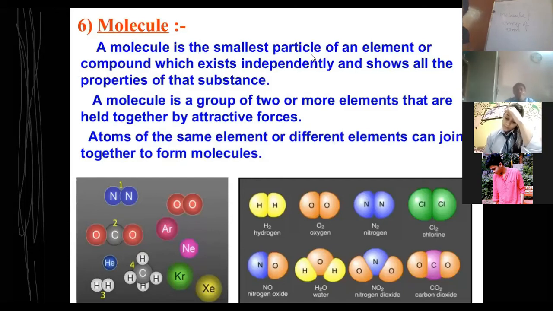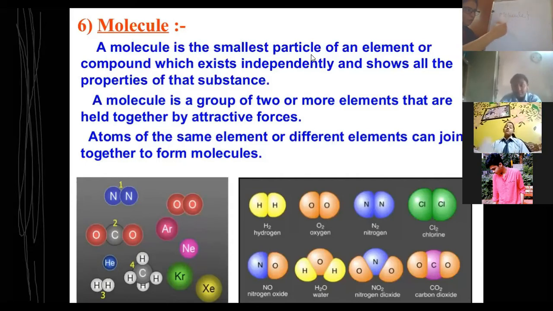Such attractive forces, as I told you, are called the chemical bond. So what is a molecule? It is a group of atoms which is capable of independent existence. Molecule is a group of two or more atoms, right?